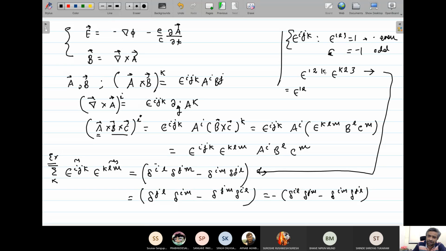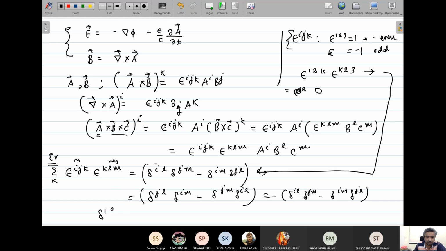If I use 1 here, I will get 0. If I use 2 here, I will get 0, because no indices should repeat. As far as the first term is concerned, k must be 3, but as far as the second term is concerned, k must be 1. So no matter what value of k we take, I will get 0. So epsilon 12k epsilon k23 must be 0. You check that, you will get 0 here. Indeed, we are getting 0. So delta, where i is 1 and l is 2.